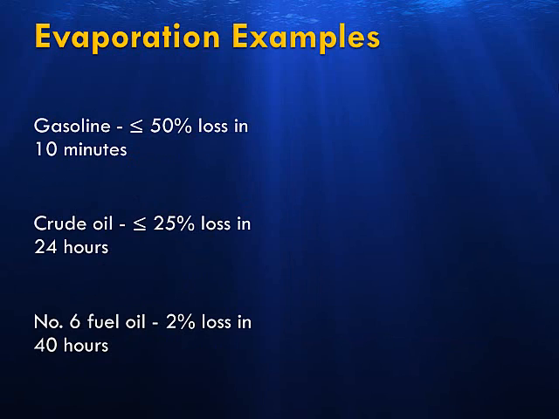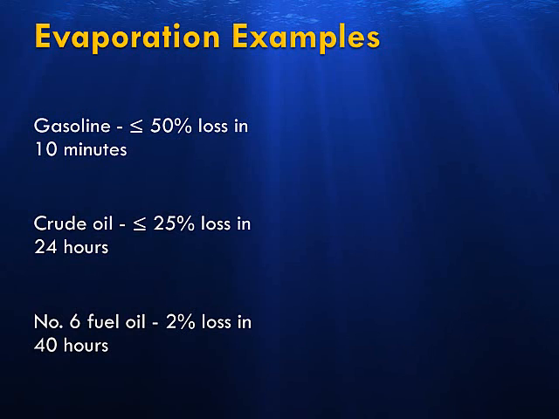So, like I said, gasoline evaporates pretty quickly. No big surprise there, but it's interesting to see the differences here. It's talked about in those fact sheets a little bit. Crude oil has both light ends and heavier ends, so you can lose a pretty substantial amount of a crude oil just from evaporation alone. Like Alaska North Slope crude, you might lose 20-25% in the first 24 hours just because it's got a lot of those light ends in it.